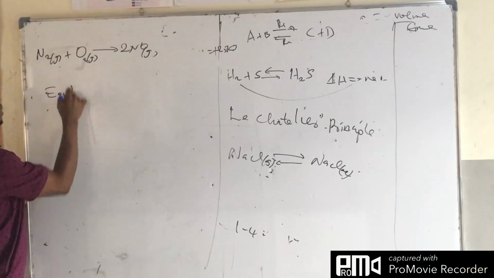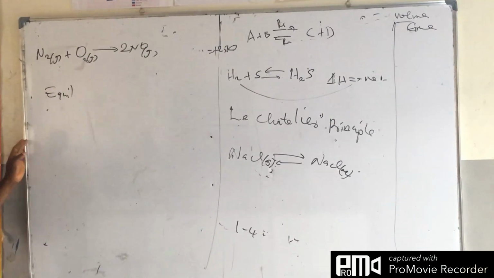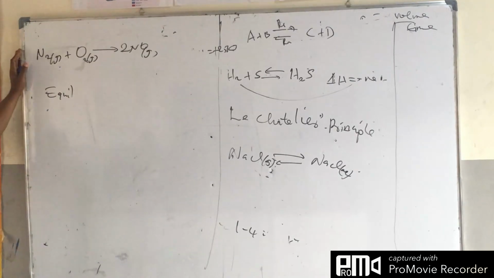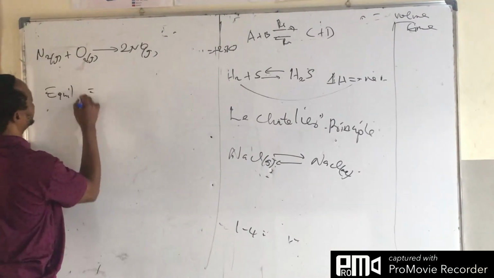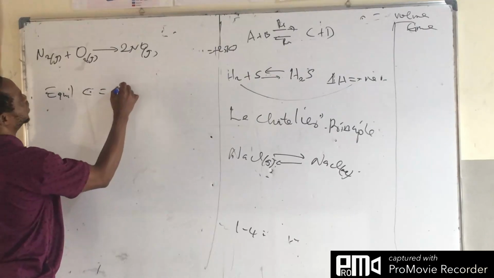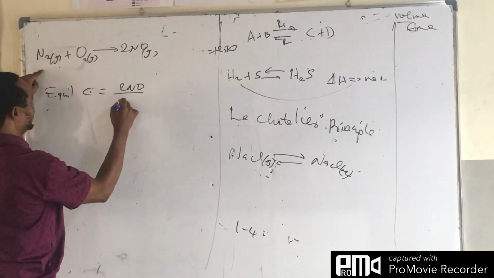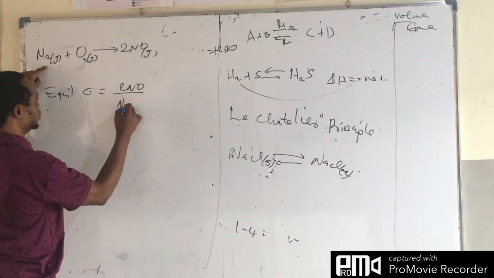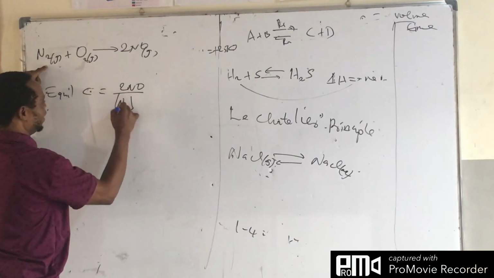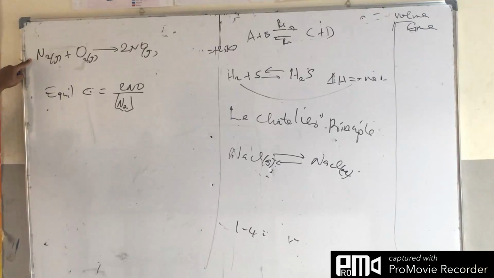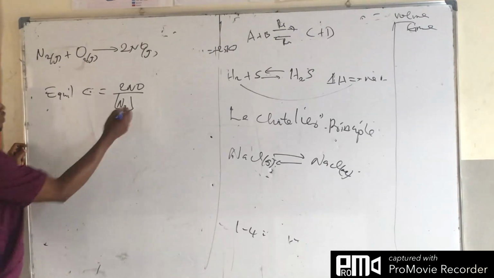Equilibrium constant simply means what? Moles of the product over moles of the reactant, in multiplicative form. So now you're going to have it as constant Kc is equal to 2NO over N2. Now you have it like this. How many moles are here? 1 mole. So you put 1 here.